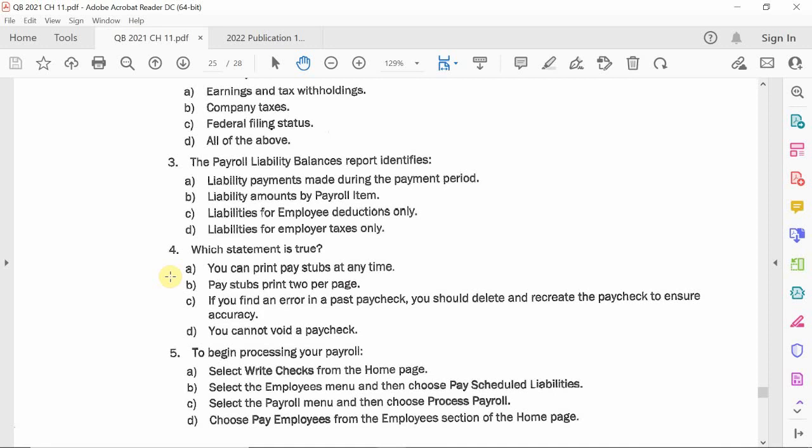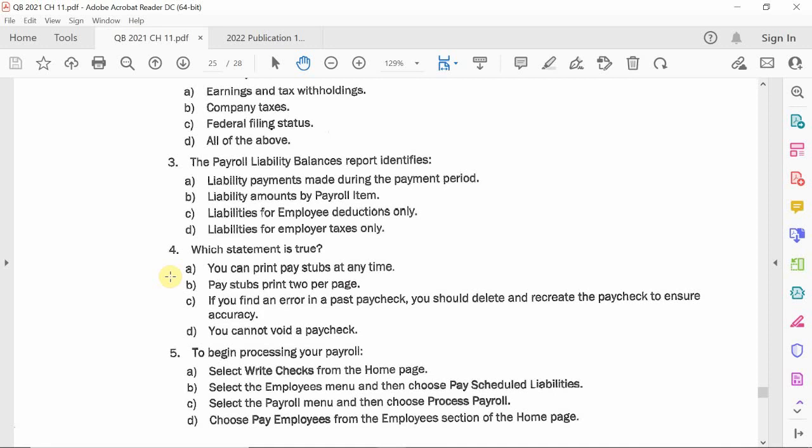You're not obligated to only give it to the employee before or after their paycheck. If an employee comes up to you and says, I need a copy of all my pay stubs for X amount of reasons, or I need to keep track of it, you can provide it at any given time. They're always going to be in your QuickBooks. As long as you don't ever delete your file, you should always have the pay stub information available in QuickBooks. Even if you close the accounting period, you should have that information there.